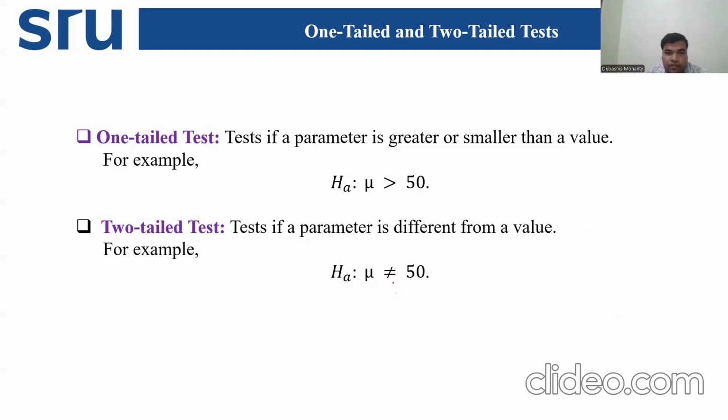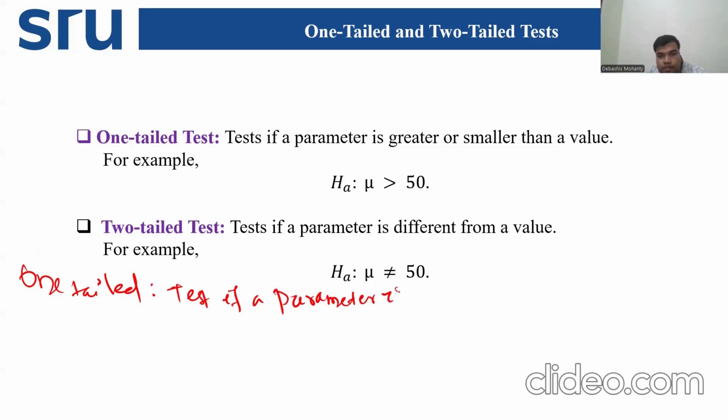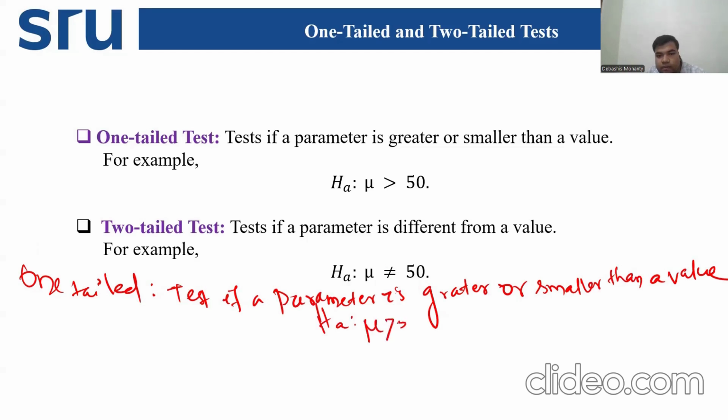A one-tail test checks if a parameter is greater or smaller than a specific value. That means HA such that mu is greater than 50. So either it is greater or it is smaller. That is a one-tail test.